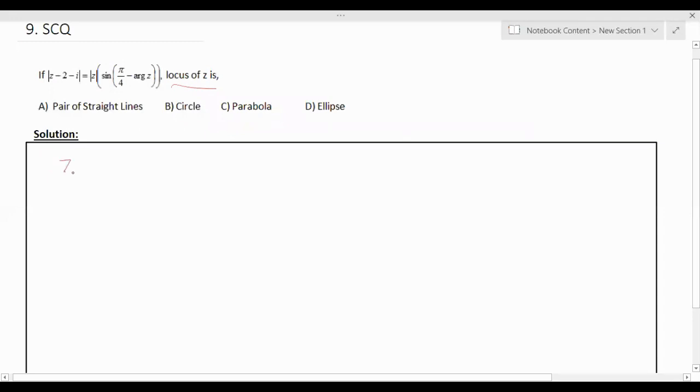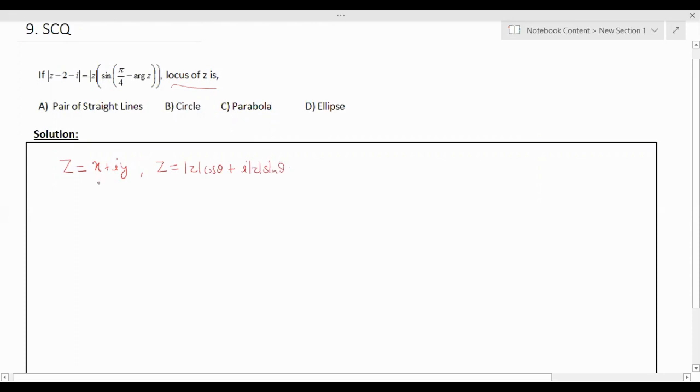Okay, so let me write z as x plus iy. So I'm going to write this complex number in polar form also, because in the end it will help me to simplify the equation. So in the polar form, that will be modulus of z cos theta plus i times modulus of z sine theta.